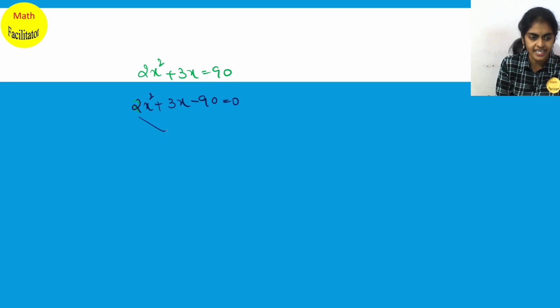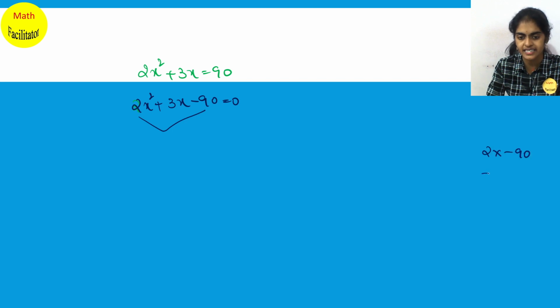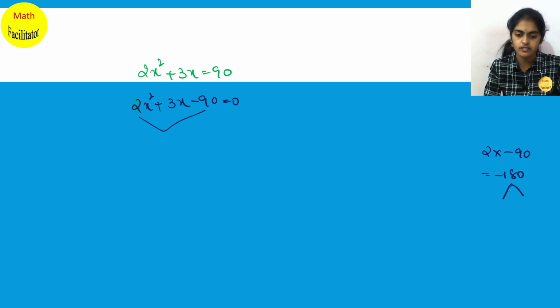So if I take my x square coefficient and the constant, it is 2 into minus 90, I am getting minus 180 here. So what are the factors of minus 180? I can write 5 into, or if you take 6 also, you'll have 6 into 30.